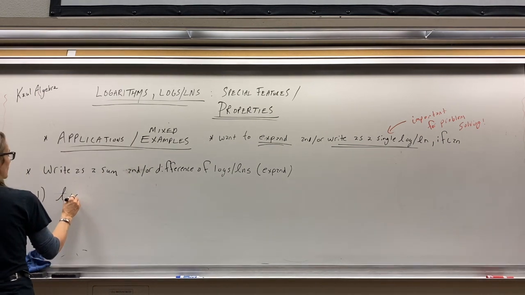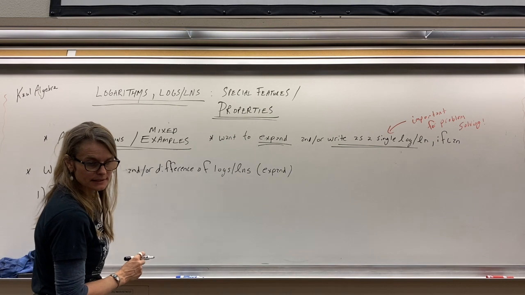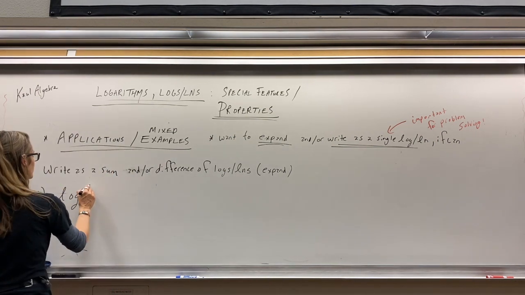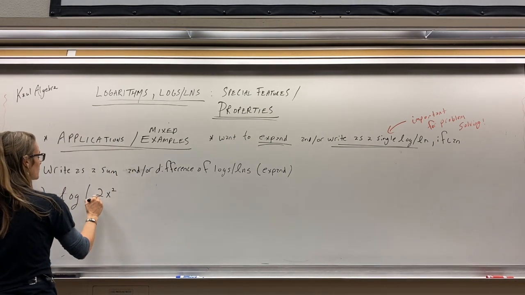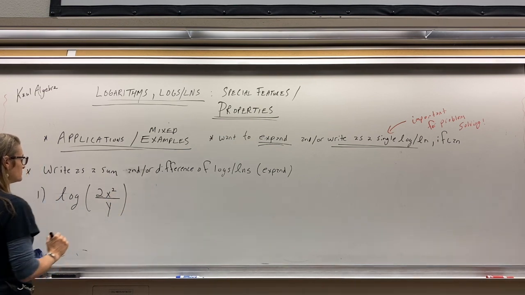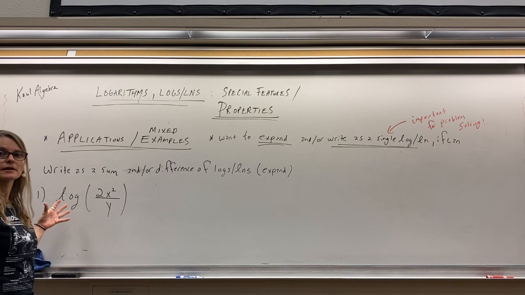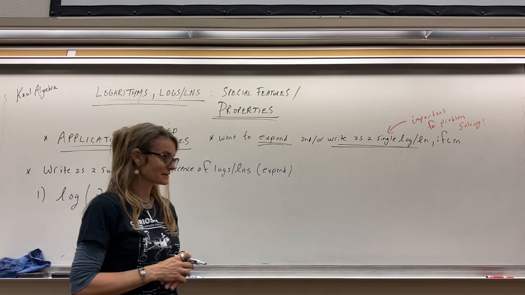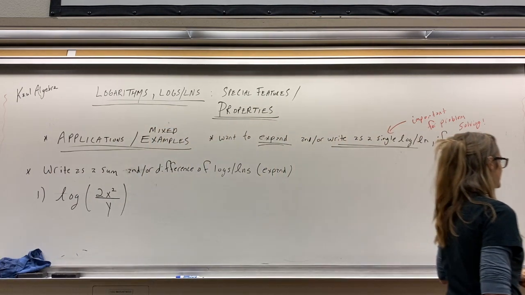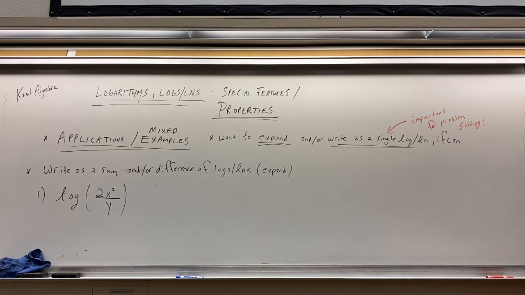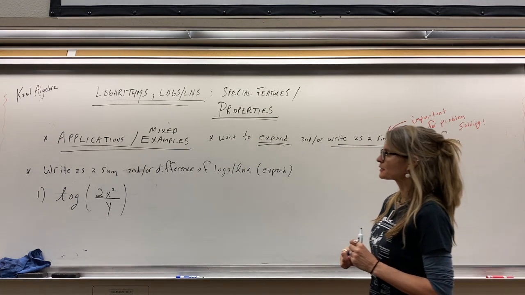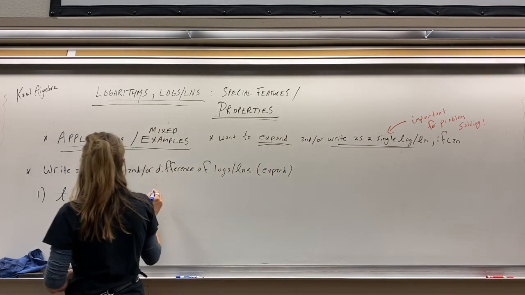Let's say I had log base 10 of 2x squared over y. How can I expand all this out and apply my properties? Some steps to take here: first, check to see how many different logs you can form out of this using your properties.